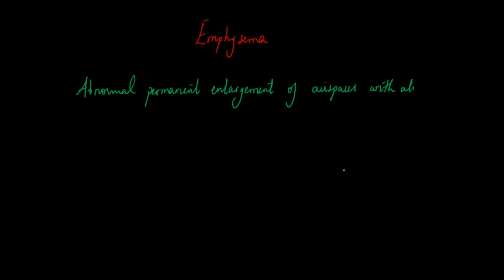And having a look at emphysema, so bear in mind that this is a histological diagnosis and is defined as an abnormal permanent enlargement of air spaces with alveolar wall destruction. Have a look at this histological slide over here. You will see the normal alveolar architecture on the right side.